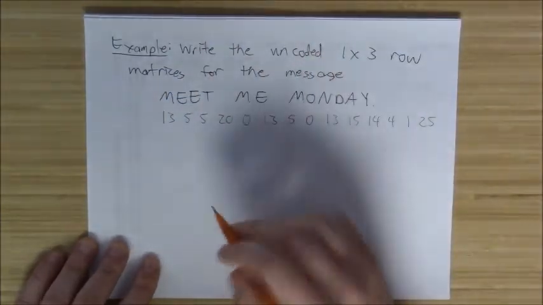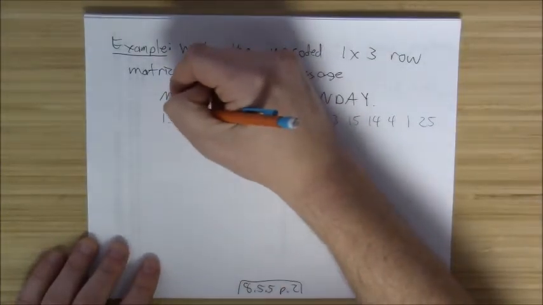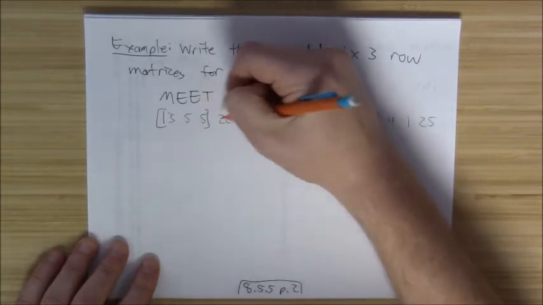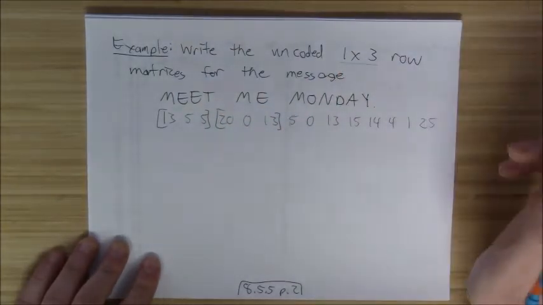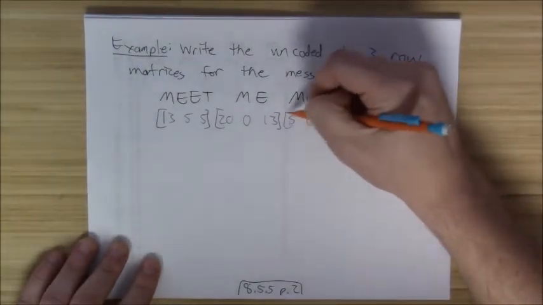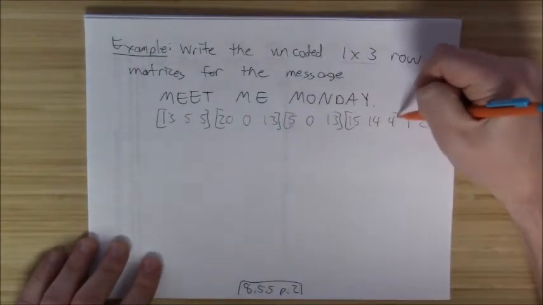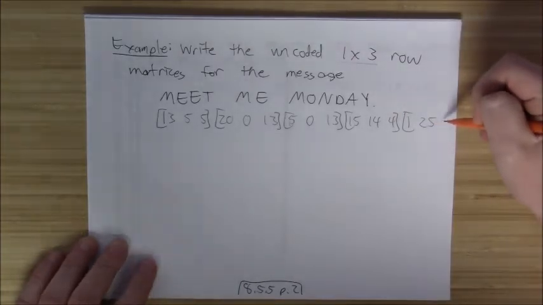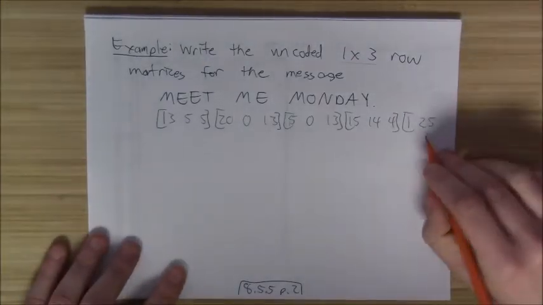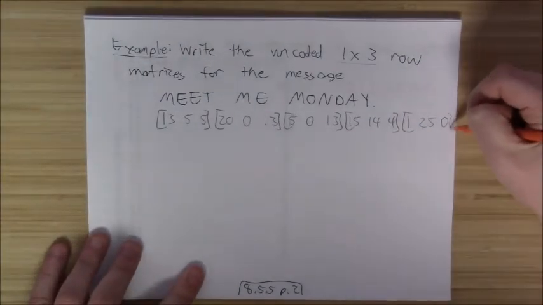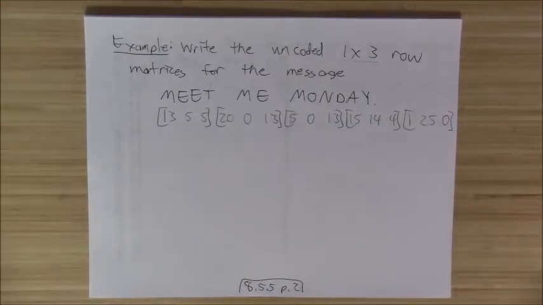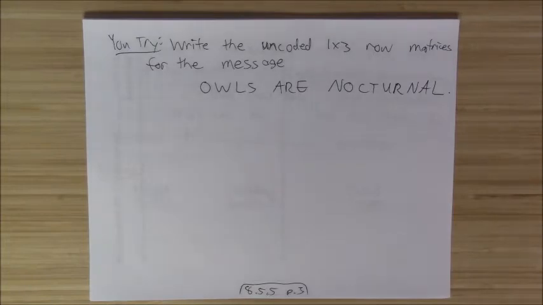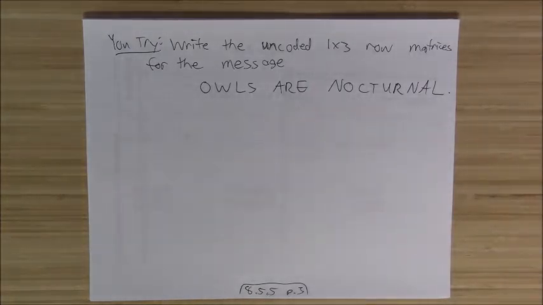And then to encode this, we just break it up the following way into 1x3 row matrices. Here, we don't have enough left, so we put a 0 there to represent a blank after that.